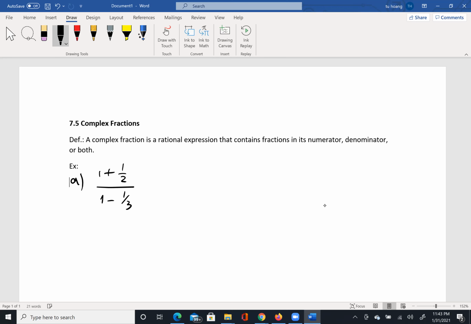So you see, looking at this globally, this is a fraction, and it's a rational expression, and the numerator has a fraction here. See that? Also, the denominator has a fraction. So we call this a complex fraction.